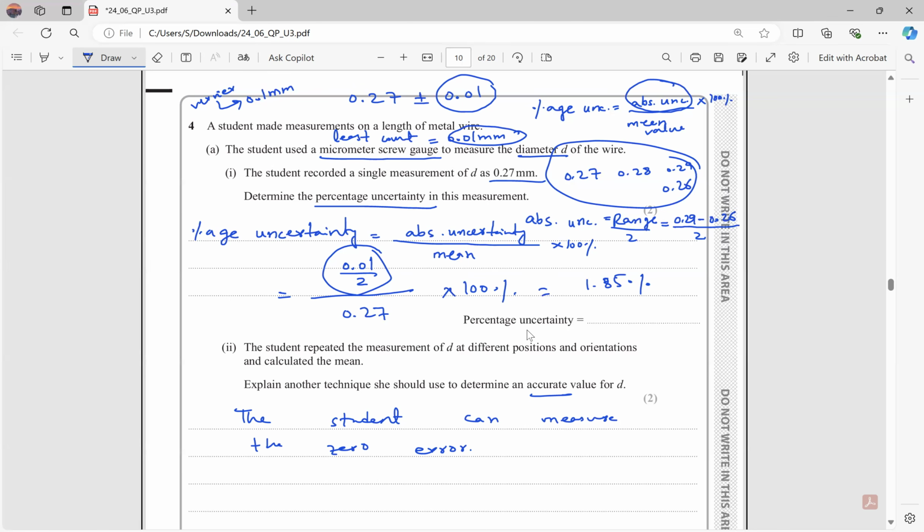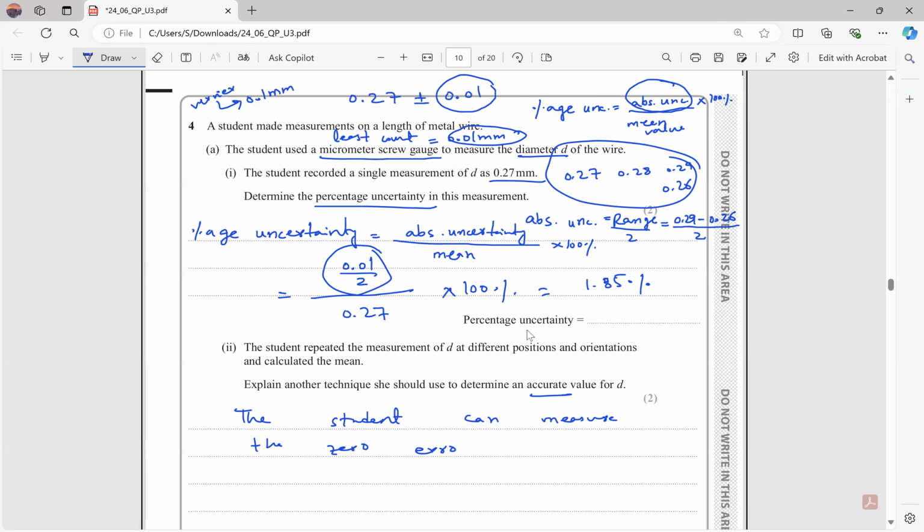It's when the zeros are not aligned on the two scales of the micrometer. Because of that, when you make a measurement, it's either going to be larger than the exact value or a bit smaller than that. So there will be an error. Any measurement you take will be either larger or smaller. So what you have to do is measure the zero error before measuring the actual length that you're trying to measure. And then at the end, you subtract or add it to your final value, depending on the situation.